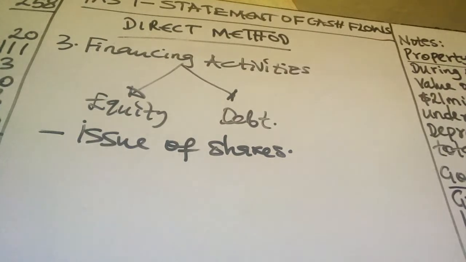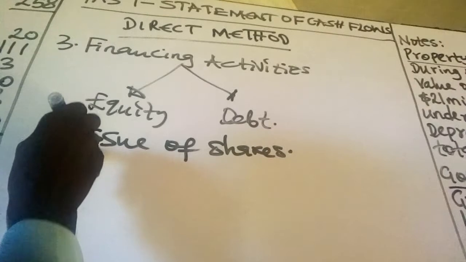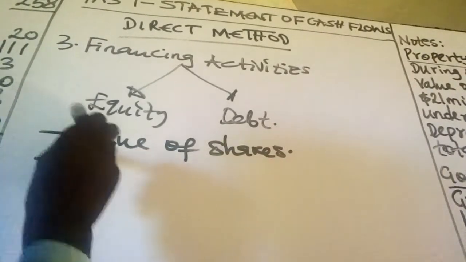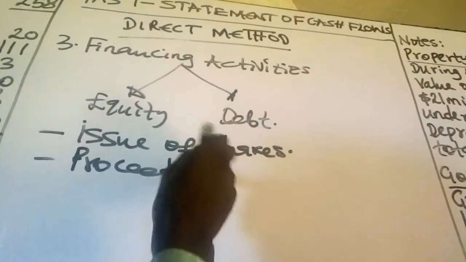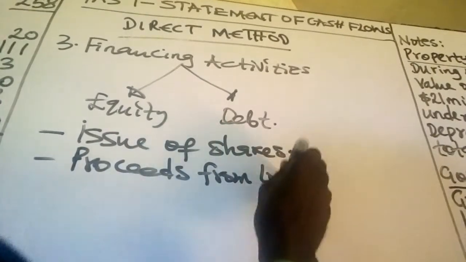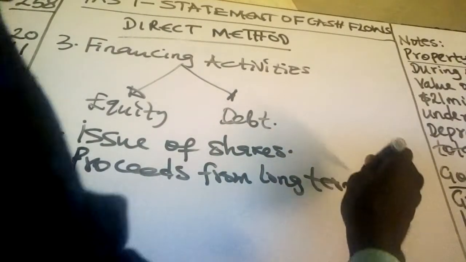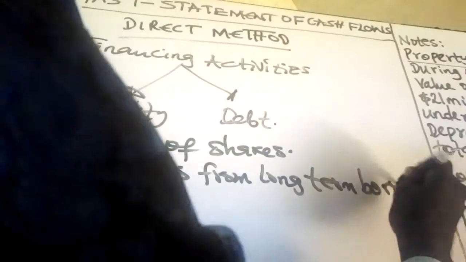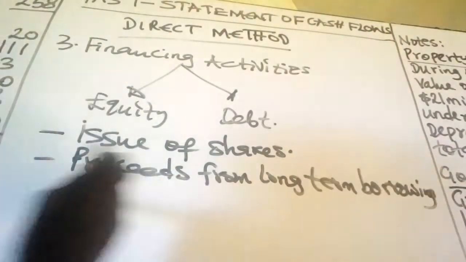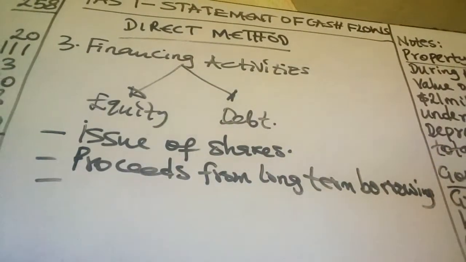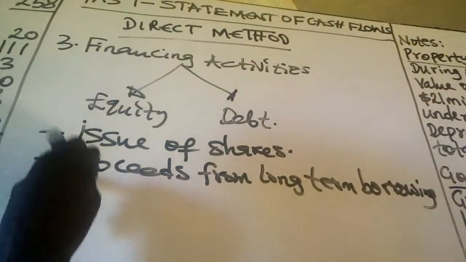Number 2, we may have proceeds from long-term borrowings. Then you may also have payment of lease liabilities.